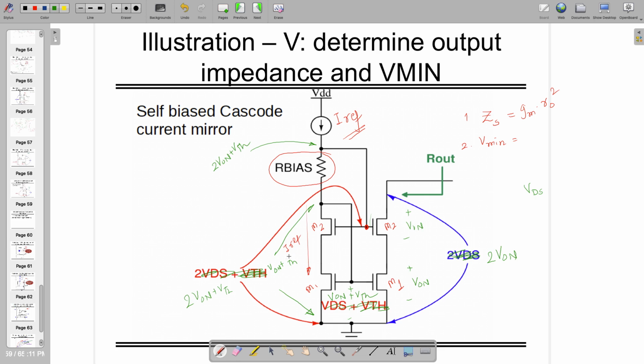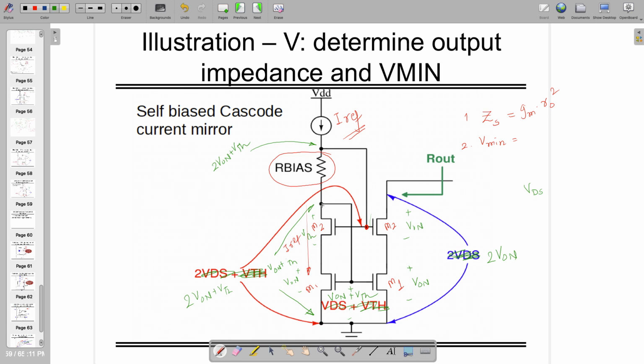So you have to design it such that one of them has V on, one of them has VTH, and vice versa. For that you might need a depleted mode transistor, or you can use a threshold voltage much higher than what is required, like 300-400 millivolt, then it might be possible.